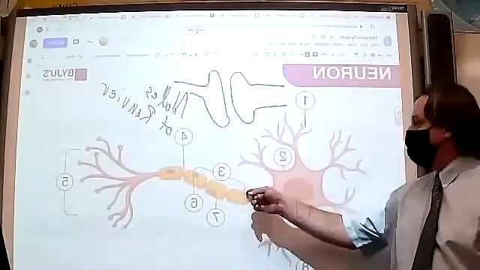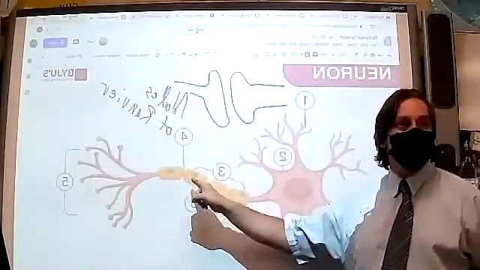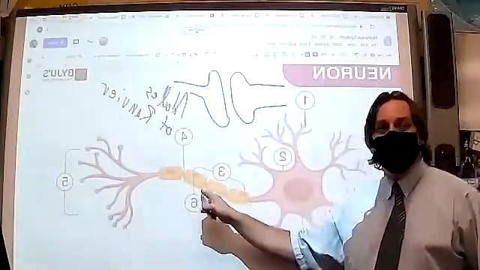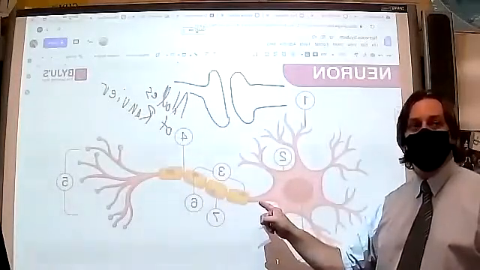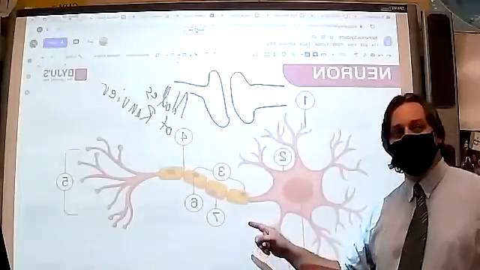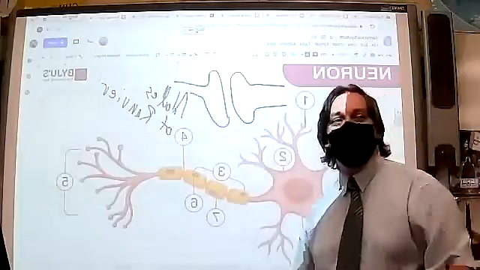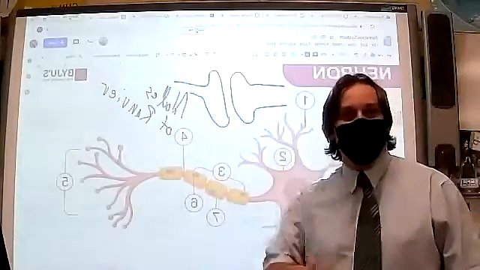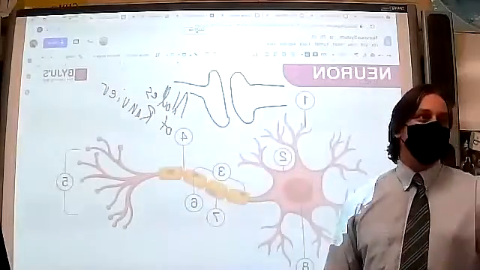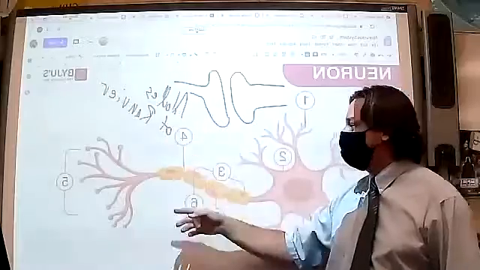Okay, Mackenzie? This whole piece. It's 4 letters. Say it loud. Make sure people can hear you at home. Axon. Okay? Emily, what about number 4 in the middle? It's already written. That's kind of cheating. So nodes of Ranvier, we can't let Emily get the cheat one. That's already up there. Nodes of Ranvier is number 4.